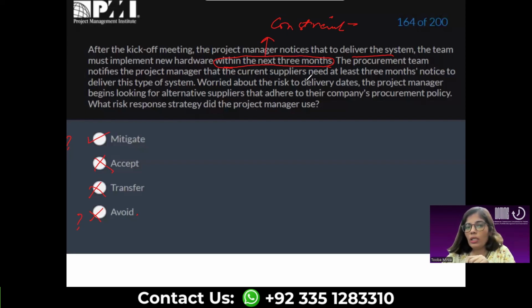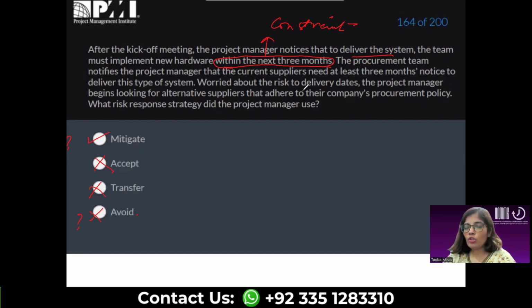The procurement team notifies the project manager that whichever pre-qualified suppliers we have, they want at least 3 months' notice. This is their notice period to deliver the system. And after that, you would need another 3 months for delivery. So this is not working. Your pre-qualified vendors are not working, right? So that point is over, that you may go for someone who is already selected, who's already working for you.